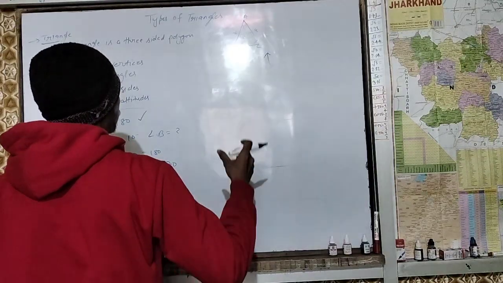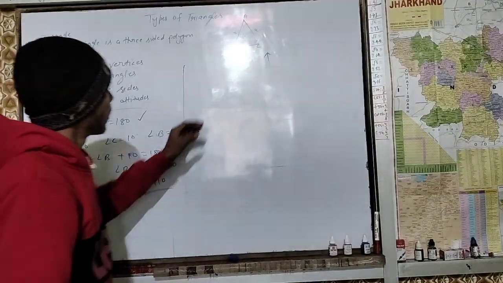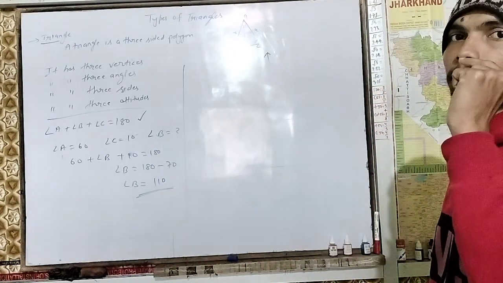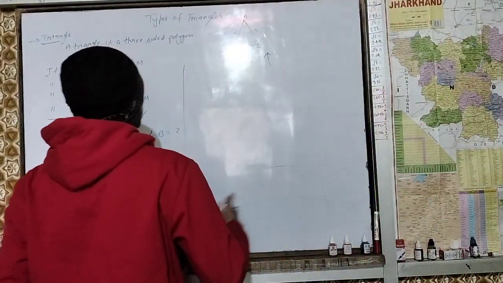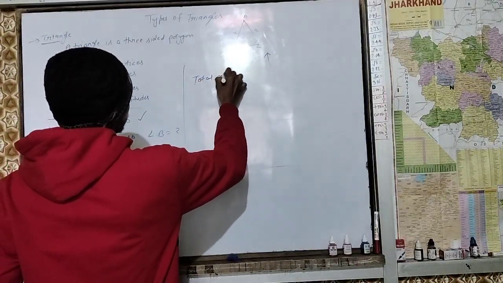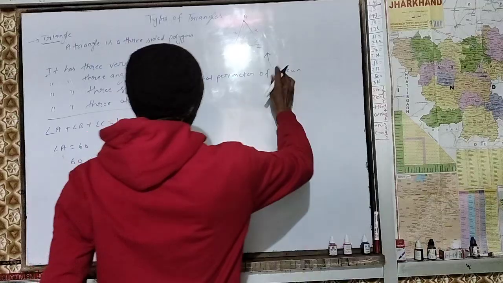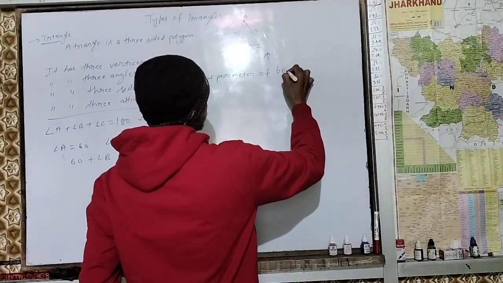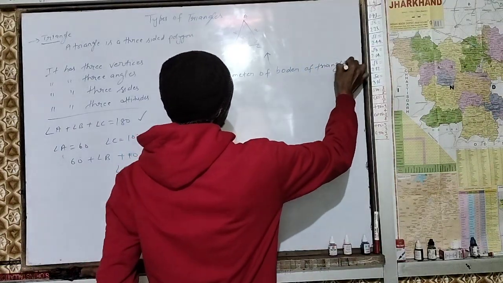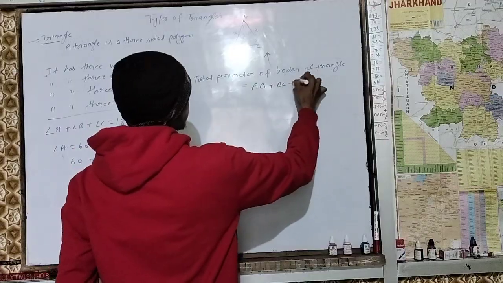Now, perimeter. What would be the formula for calculating the perimeter of this triangle? It is nothing but the total border of a triangle, which is equal to AB plus BC plus AC.